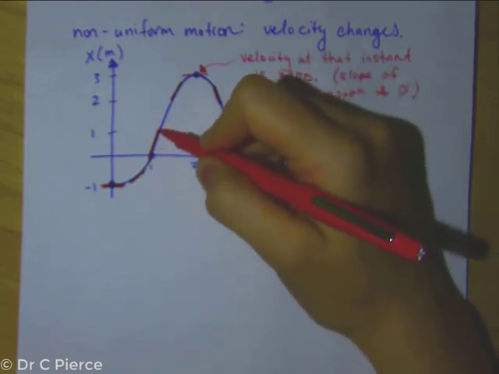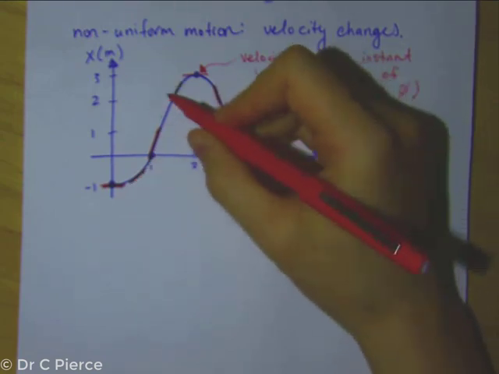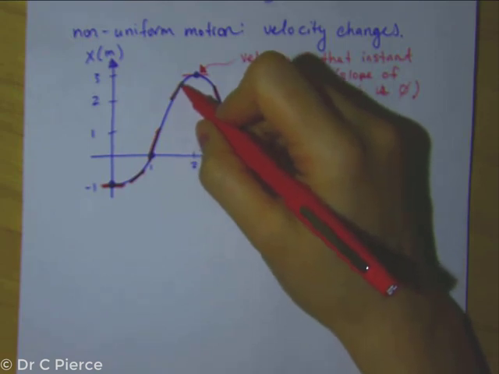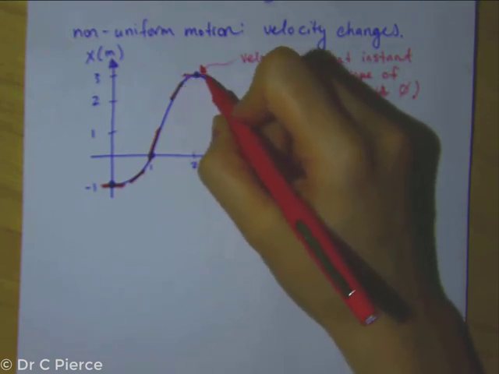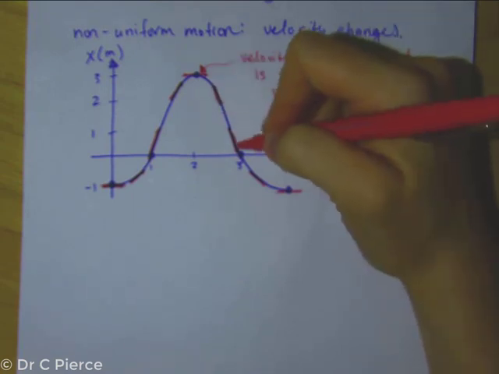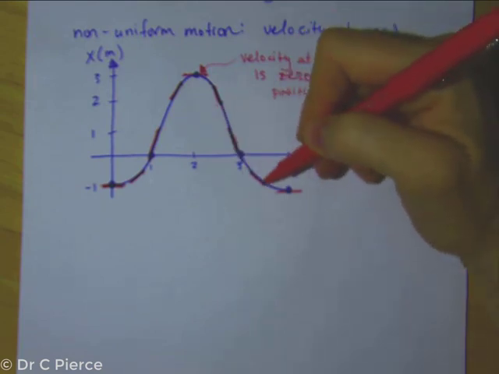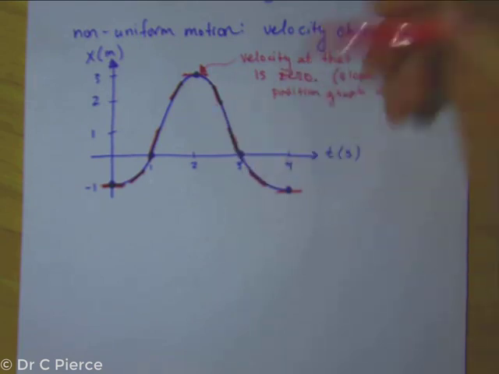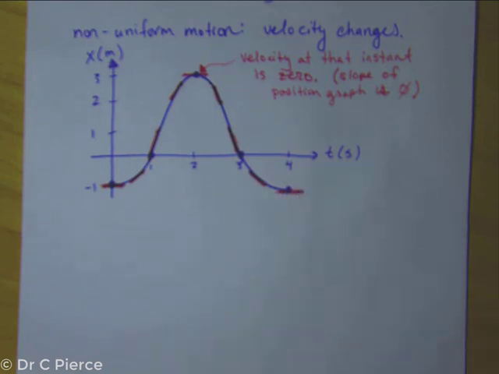Now it's a steeper positive slope, so it's faster to the right. It shallows out again, so it's going to slow down and stop. Now it's going to have some speed, but in the negative direction to the left. Right? It still has speed to the left. Looks like it's shallowing out here, so it's going to slow down and then stop.